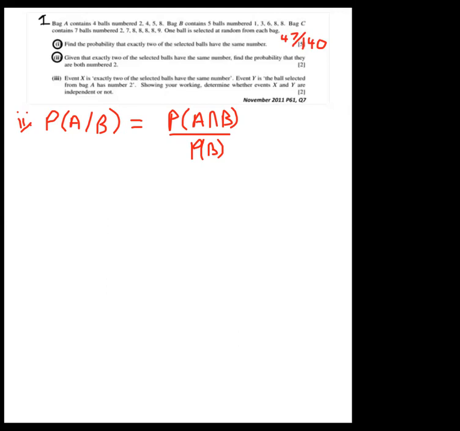So over here, A is that both the balls that are the same are number 2. Same balls should be number 2.